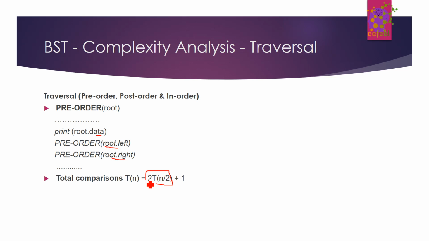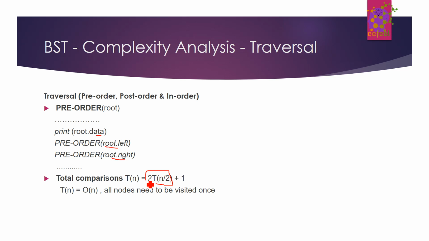That's why this has become n by 2. I mean on an average, but if it's a skewed binary search tree then this may not be true. But on average, if we assume a balanced binary search tree, it roughly becomes 2T(n/2) plus 1, because 1 is the printing operation. And if we solve this, we will see that T(n) is order n.